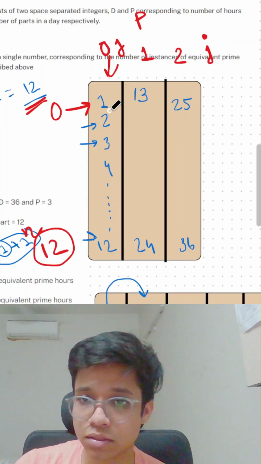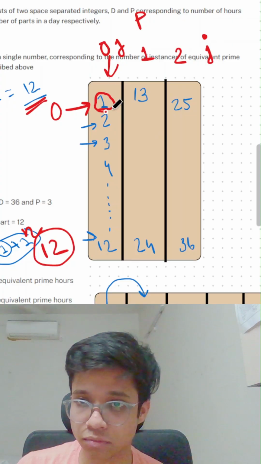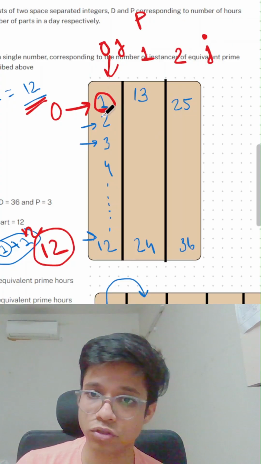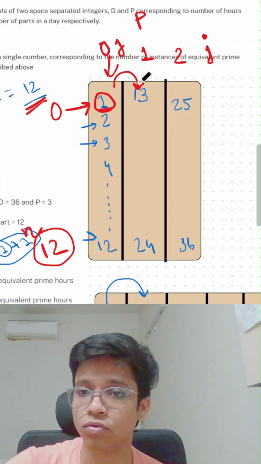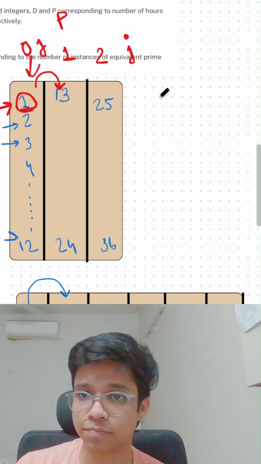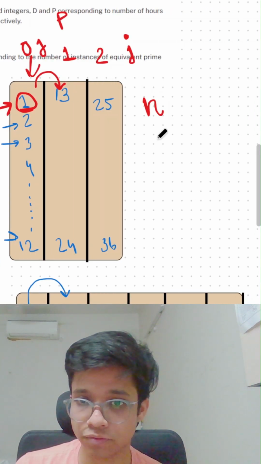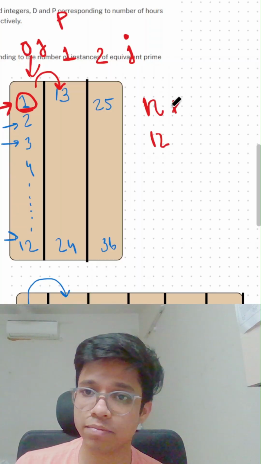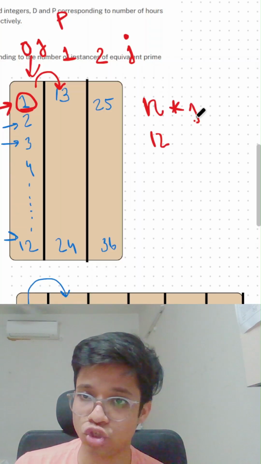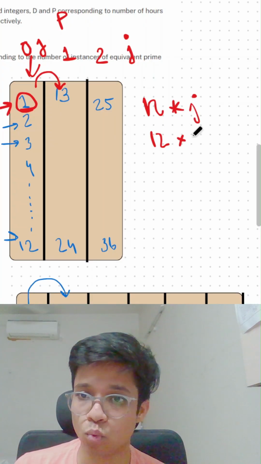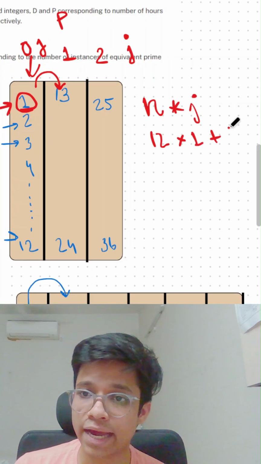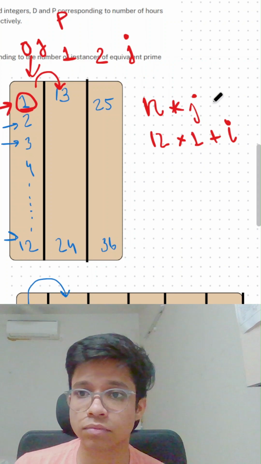So once the I portion is a prime number, we're going to move to the next. In order to move to the next, what we can do is we take n, which is 12, we're going to multiply it by j, which is 1, and then we're going to add I into it.